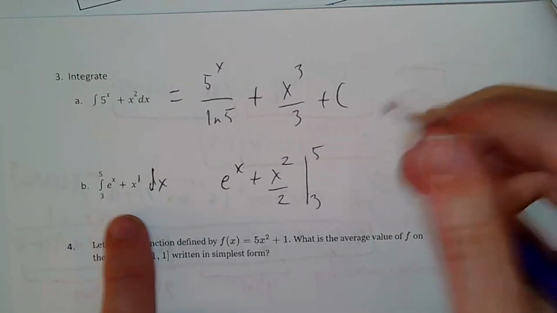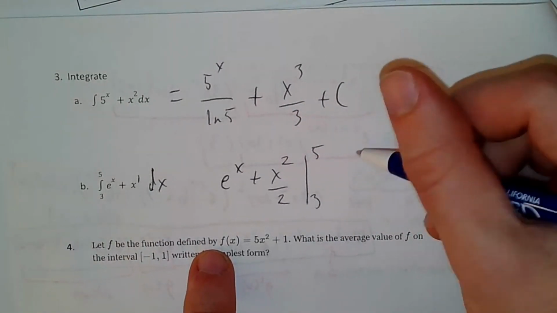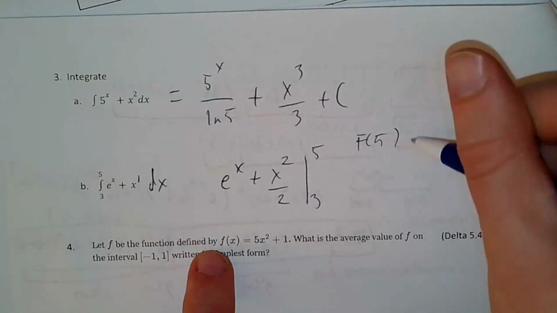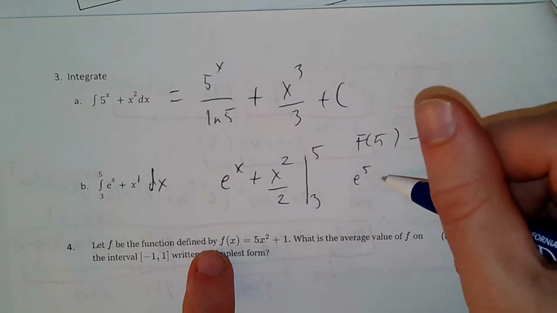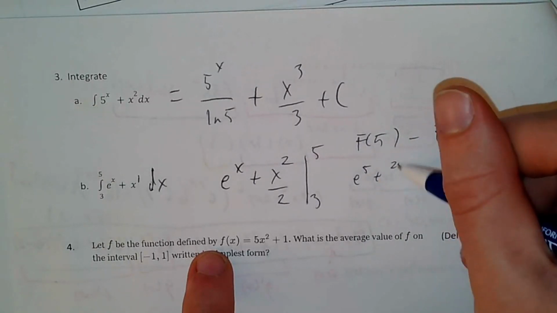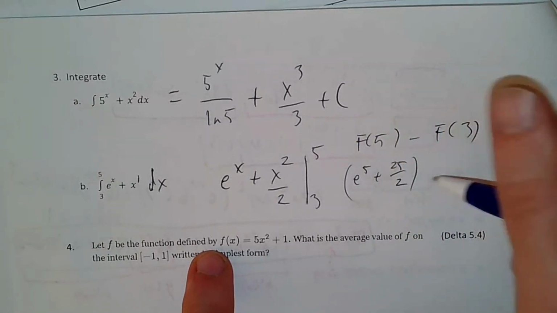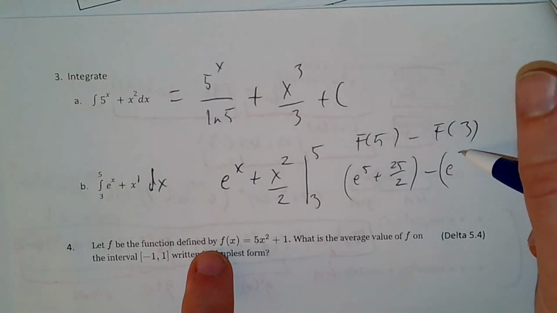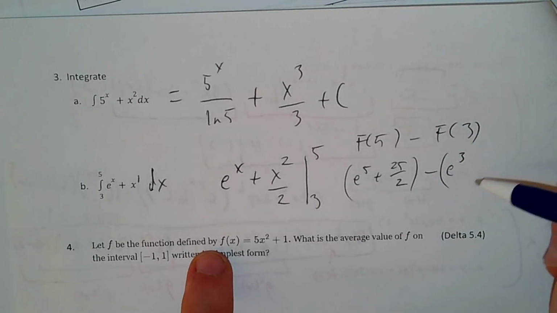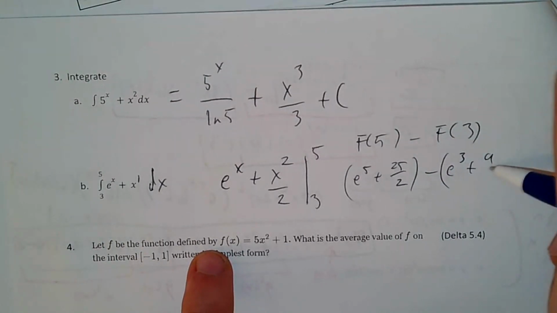So we'll plug in a 5, and we're going to do f of 5 minus f of 3. We get e to the 5th plus 25 over 2 minus e to the 3rd plus 9 over 2.